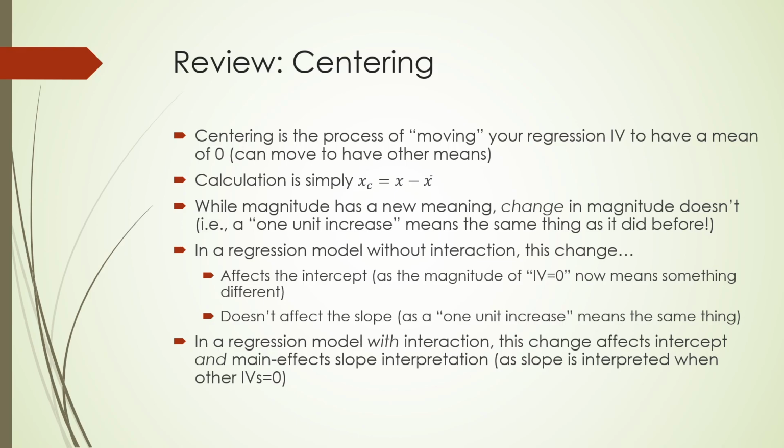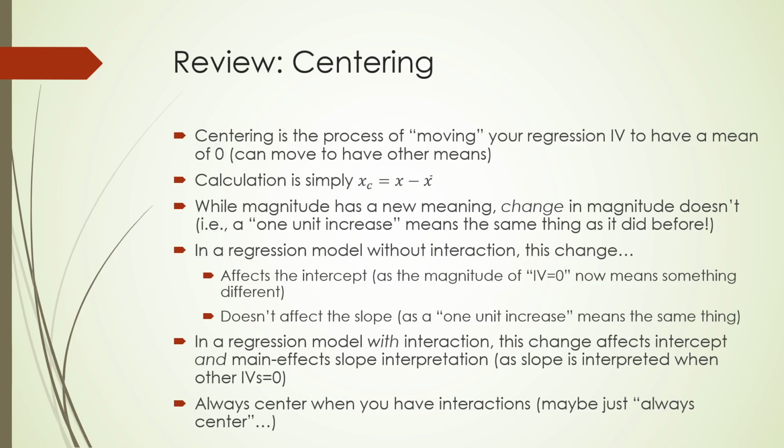And that might be much more interesting and interpretable than interpreting when the original variable is at 0. So that can be very, very helpful. It's important to know that this change isn't going to impact the interaction. It's just going to impact the interpretation of the slope of the other variable. So if I center variable 2, it's going to impact the main effect of variable 1's interpretation. If I center variable 1, it's going to impact the main effect of variable 2's interpretation. And it'll also impact the intercept.